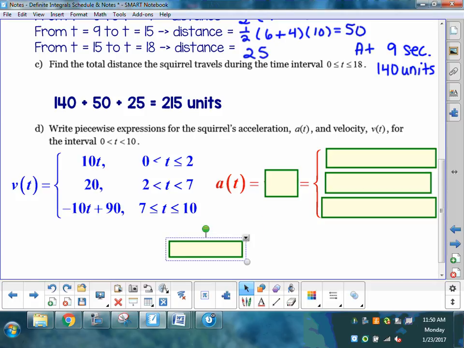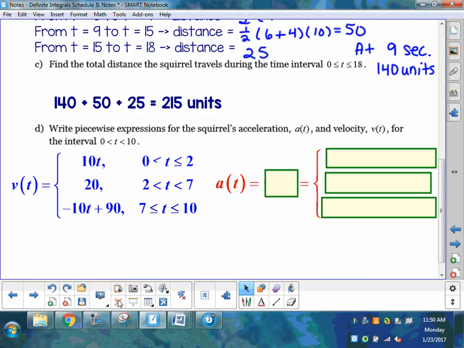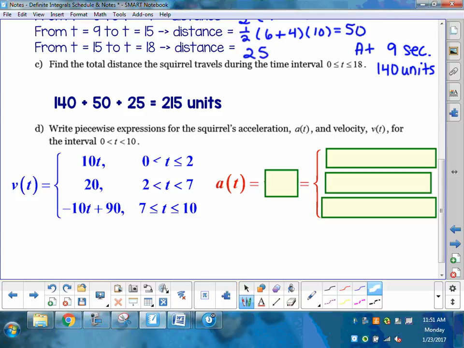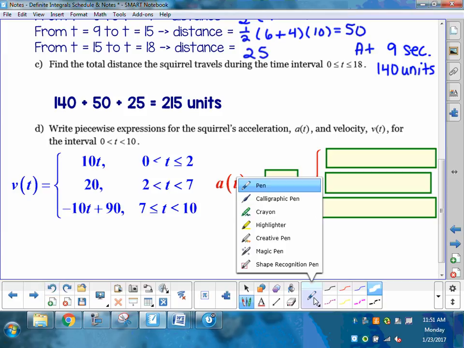Now, what is wrong about me including the 10? Who can tell me why I'm so disgusted with myself personally for including the 10? 10 isn't included on the interval. What does it say right here?